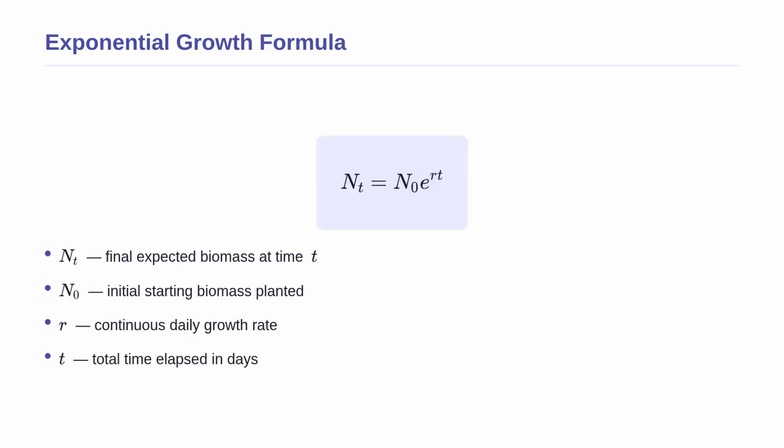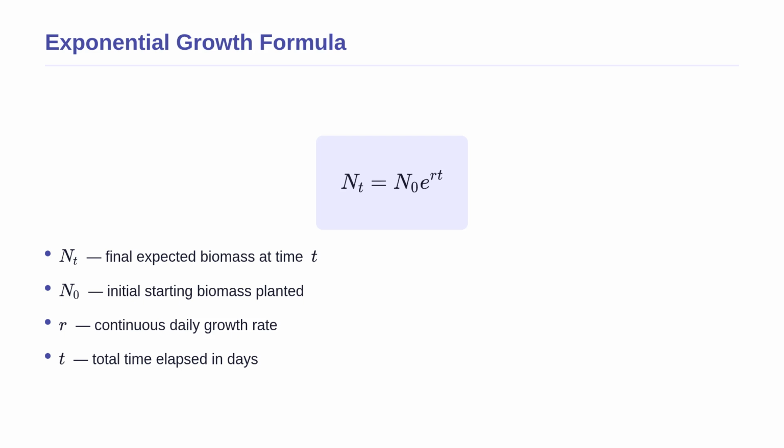To predict this harvest, we use the standard exponential growth formula. The equation is N sub t equals N sub 0 times e raised to the power of r times t. Let us define every variable here. N sub t is the final expected biomass of the seaweed. N sub 0 is the initial biomass planted at the start.